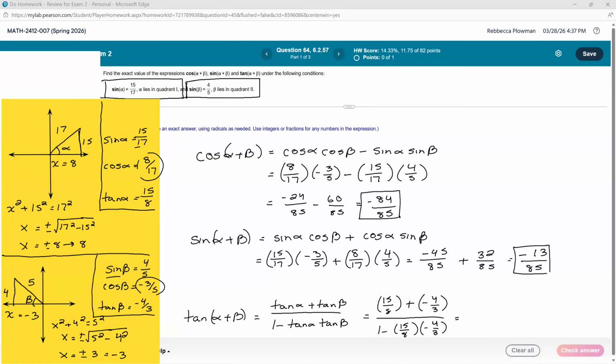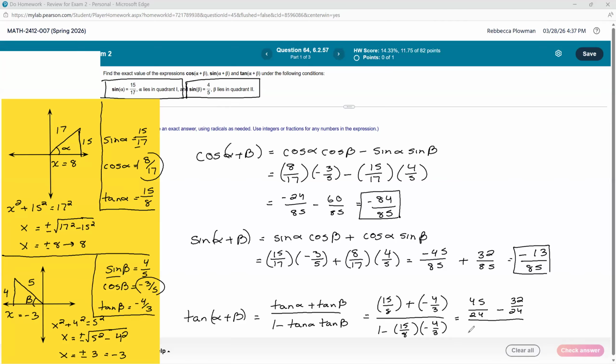All right, so to make this work, multiply the top and bottom by 3. So that is going to be 45 over 24 minus, and we have to multiply the top and bottom of this by 8, 32 over 24.